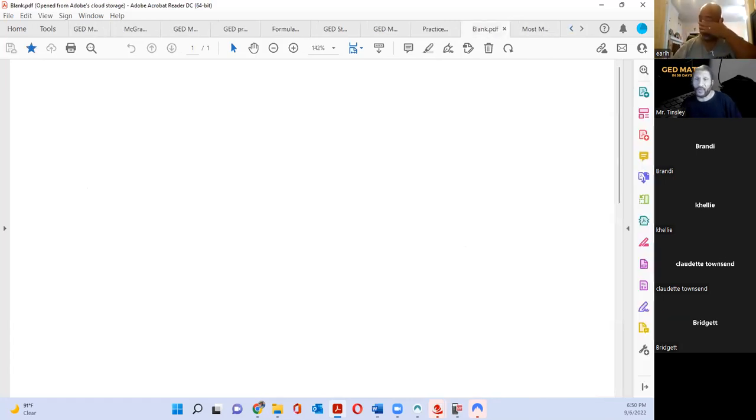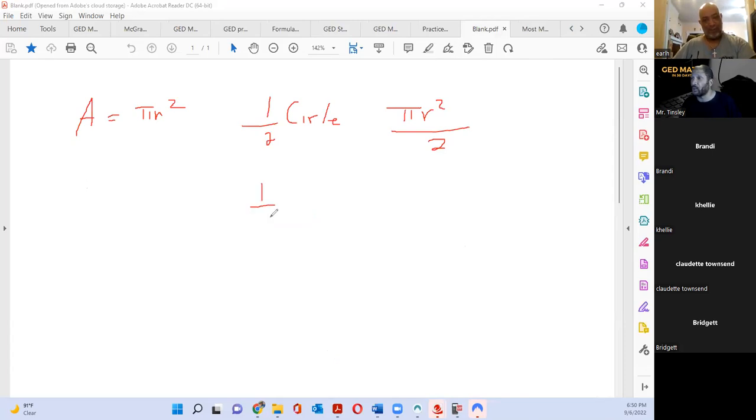So if the area of a circle is pi r squared, a half of a circle is pi r squared divided by 2. A quarter of a circle would be what? Divided by 4. A third of a circle would be what? Divided by 3.